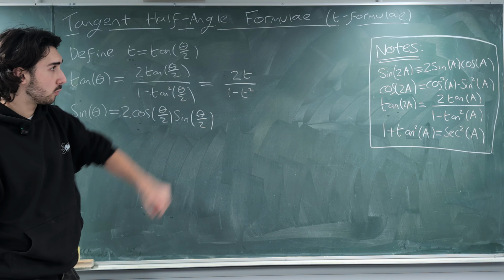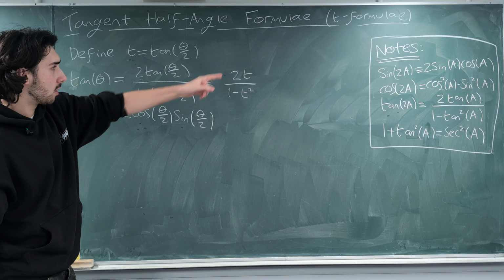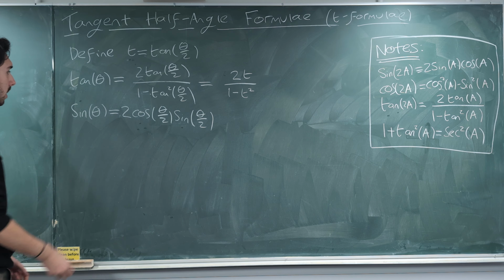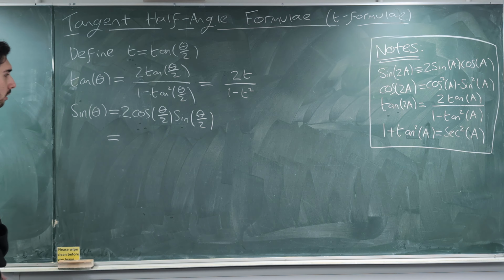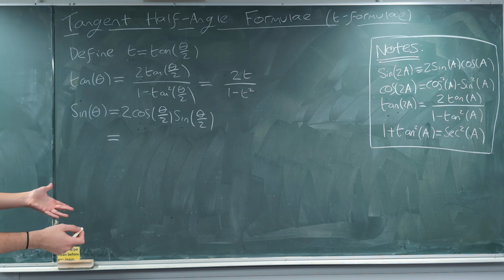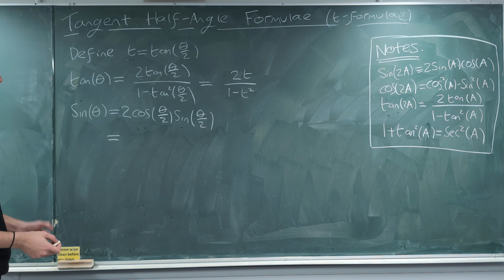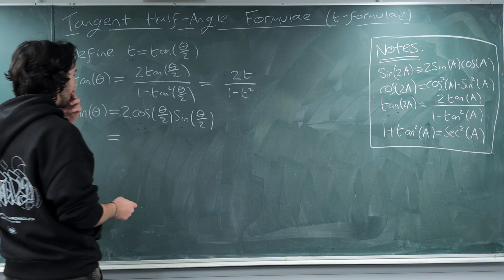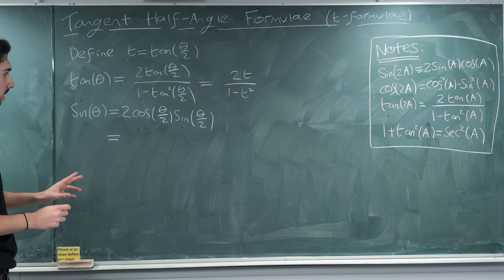This is just the double angle formula again, with the terms the other way around. Now we don't know what cos or sine of theta over 2 actually are. Is there a way maybe to write this function in terms of tan? Well, yes there is. So what can we do? Why don't we do this, okay?